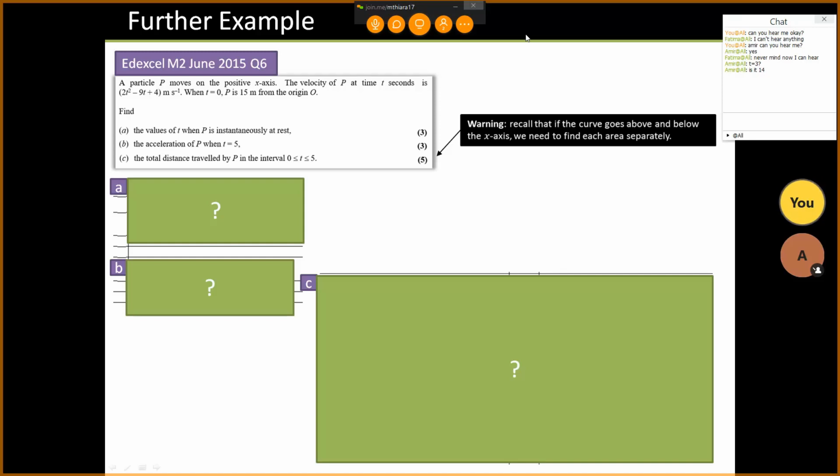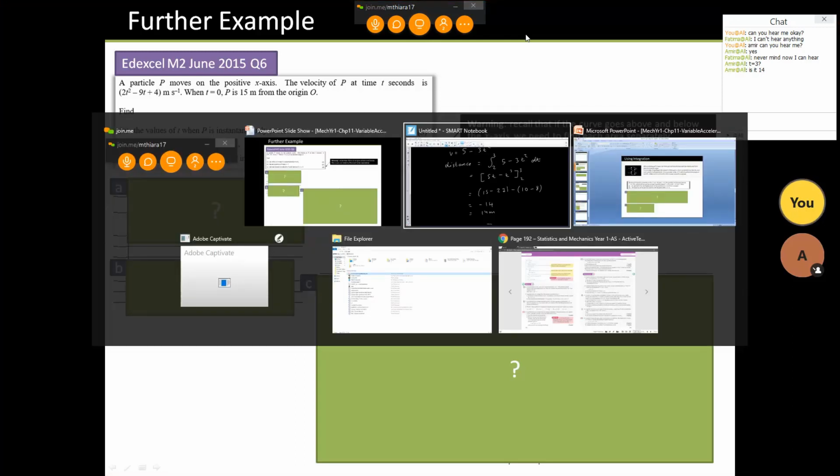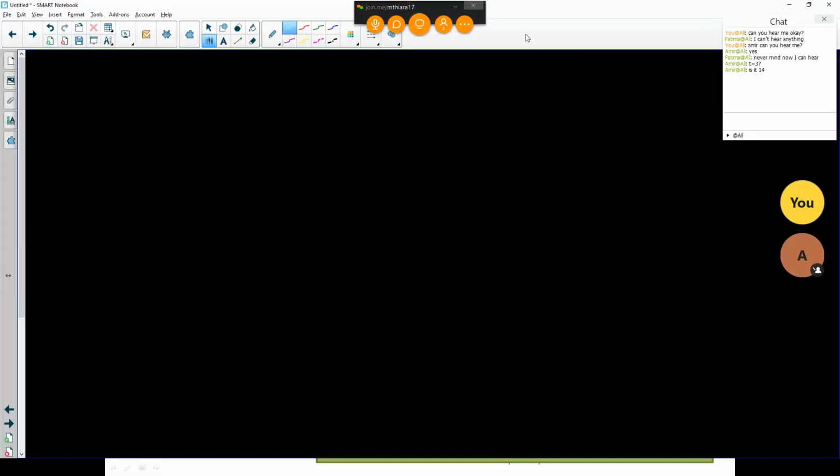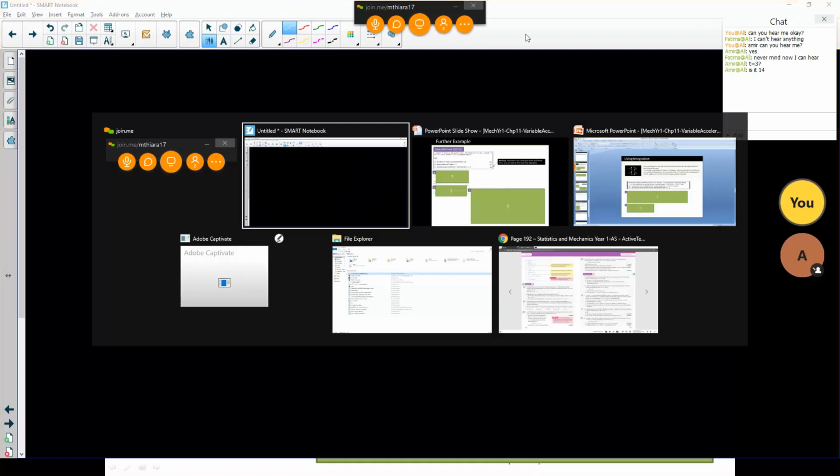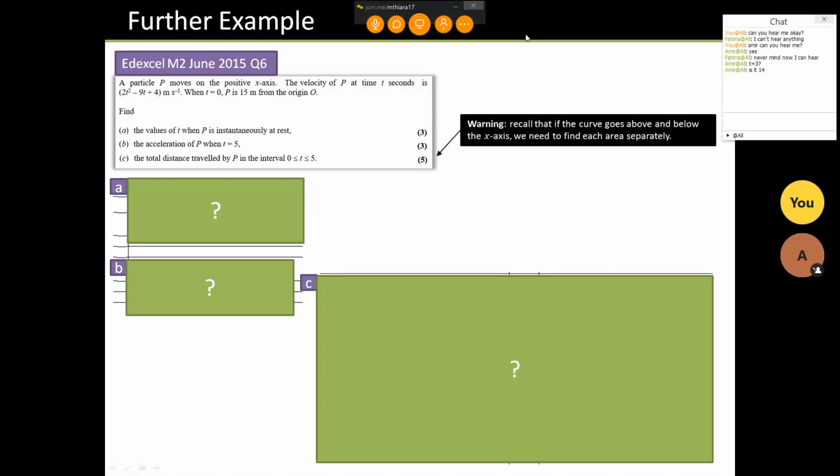Okay, so for part A, we want the values of t when P is instantaneously at rest. I'm just going to go over to my blackboard and write this formula down.